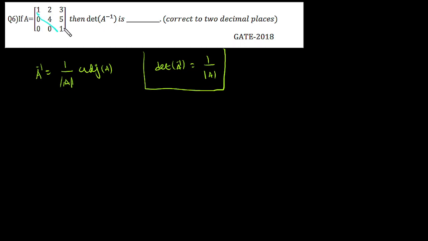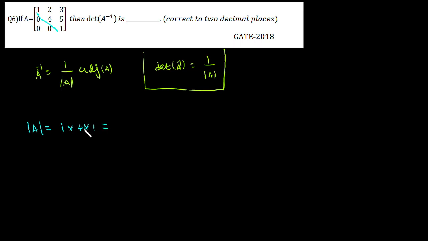Either upper triangular or lower triangular, the determinant of this particular matrix is just simply the multiplication of all its diagonal values. So here the determinant of A in this case is just simply the multiplication of these four numbers which are present on this diagonal.